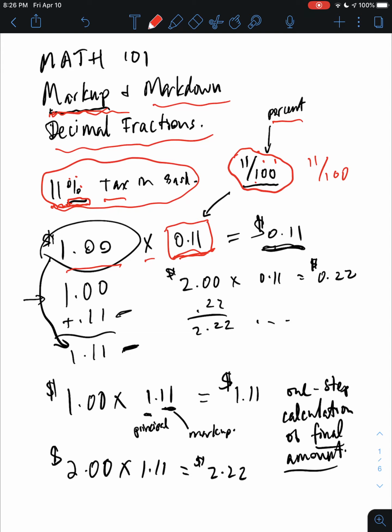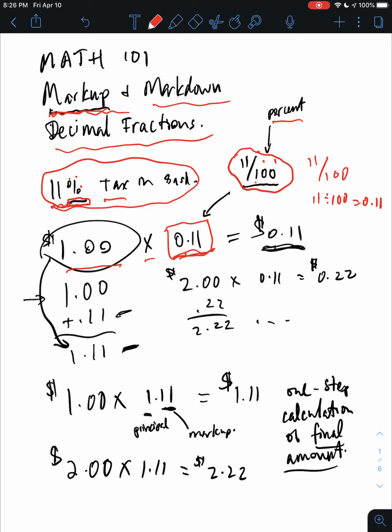Right, so you type this in your calculator, 11 divided by 100, and you're going to get 0.11. So that's the way you enter it into a calculator. Some calculators have percent buttons, but it's really just a waste of a button on a calculator, I think, because it's such a simple thing to divide by 100.